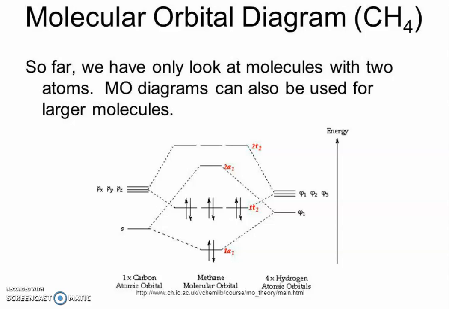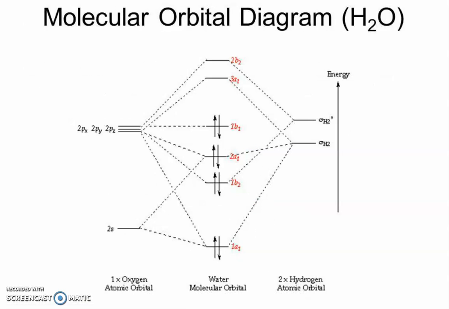Now you can see the MO diagram of methane. Now the molecular orbital diagram of H2O: 1 oxygen atomic orbital set and 2 hydrogen atomic orbitals forming water molecular orbitals.